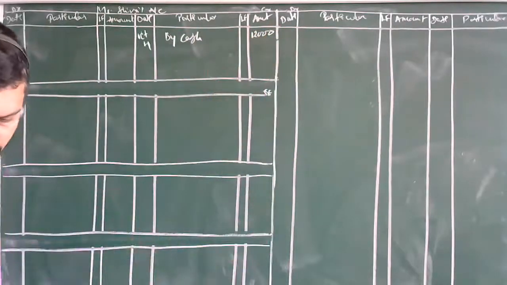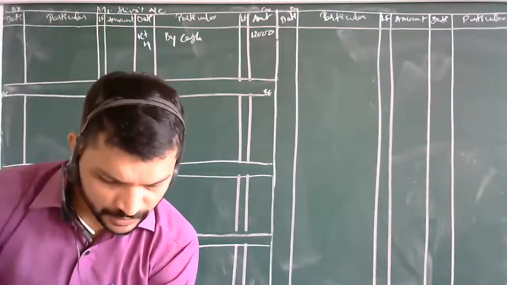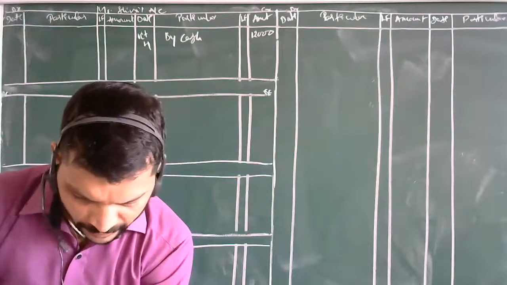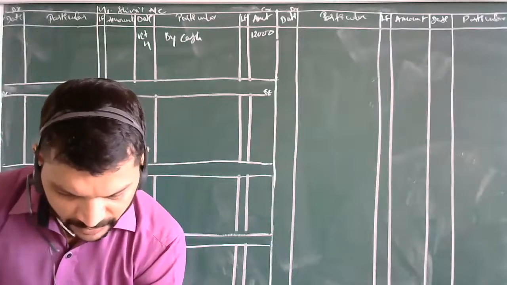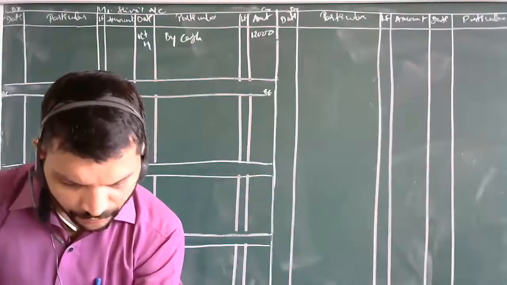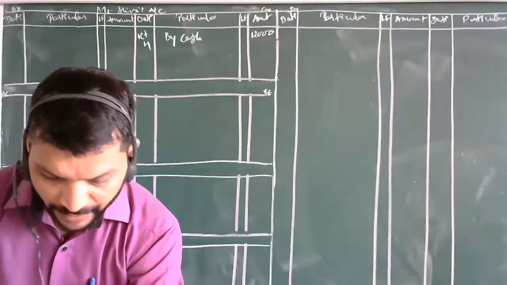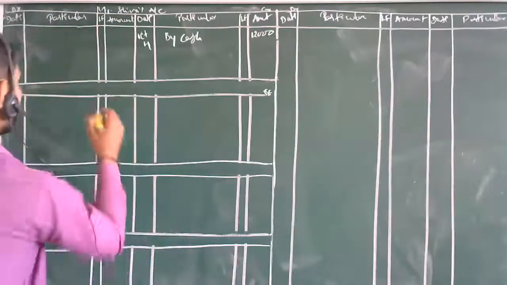Now on the other side, we will take particularly from the debit side, which accounts were there. Then cash received after the sales. In the sales account, we received the cash. We have made sales two times, on the 16th and 27th. So next I will take the sales account.